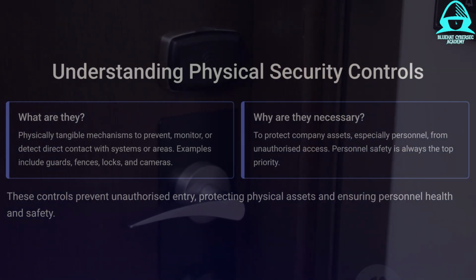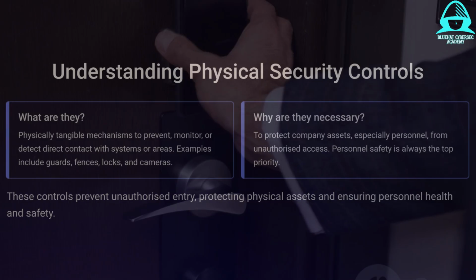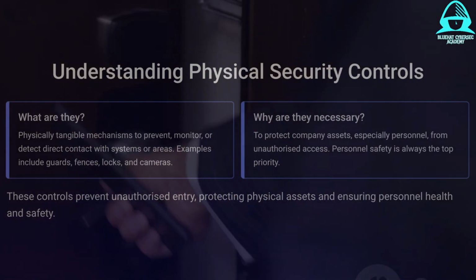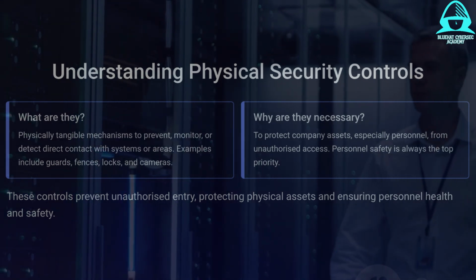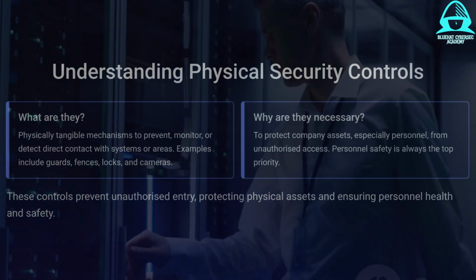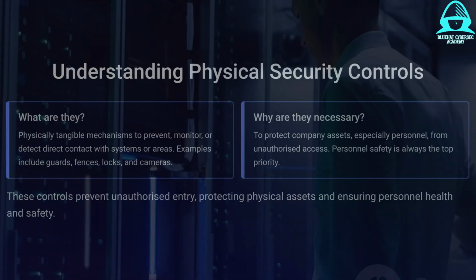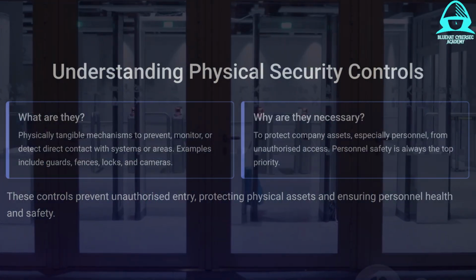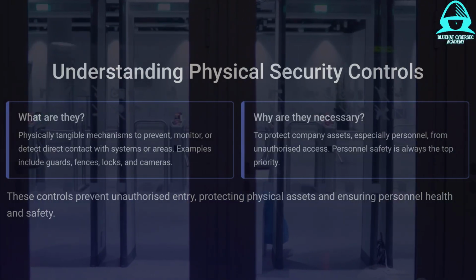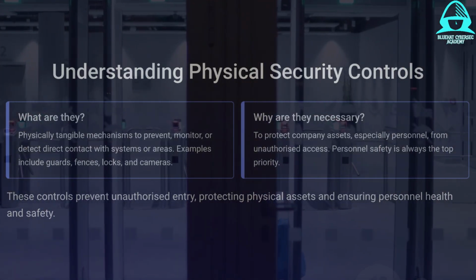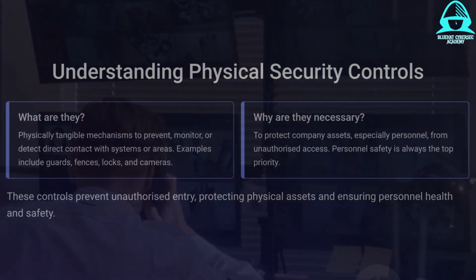Physical access controls prevent unauthorized individuals from entering a physical site, such as a workplace. This protects not only physical assets like computers from being stolen, but also ensures the health and safety of the personnel inside. Now that we understand why physical security controls are essential, let's move further to explore the different types of physical access controls used in organizations.